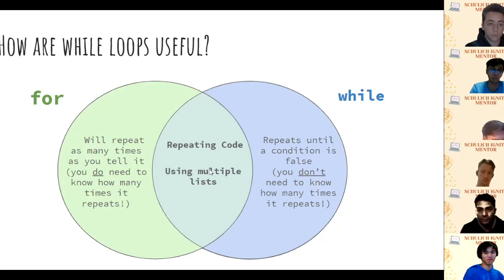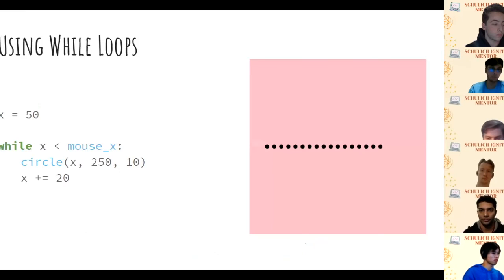In the while loop, it repeats until a condition is false, and you don't need to know how many times it repeats. So the main difference is that in a for loop, you specify the number of times the loop will repeat, and in a while loop, it goes on as long as the condition is not satisfied.